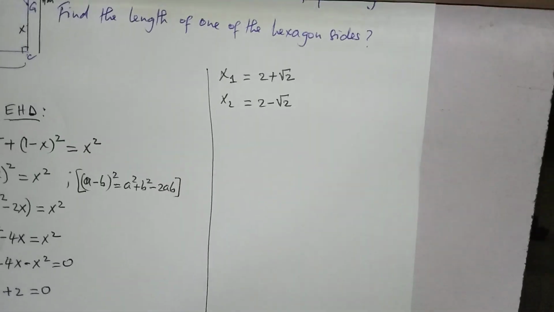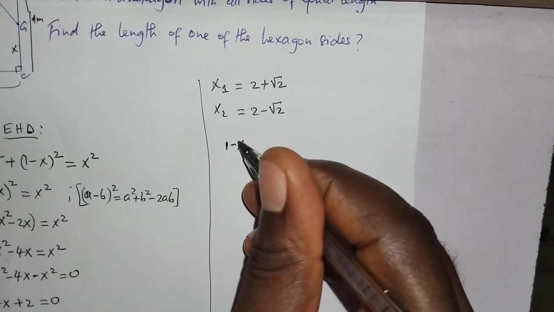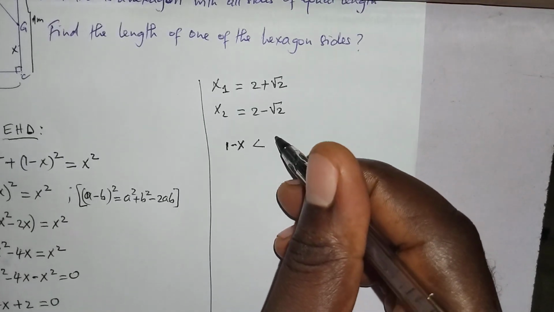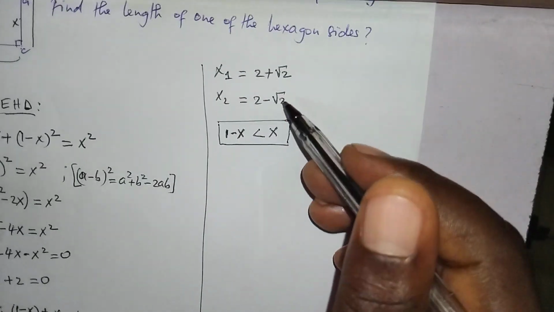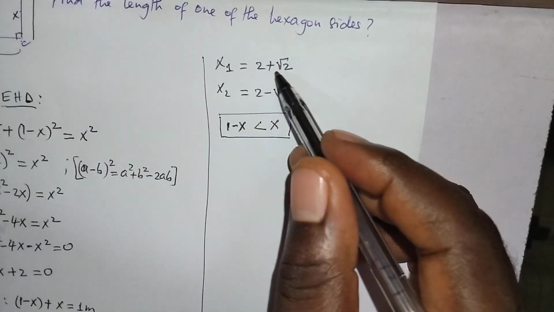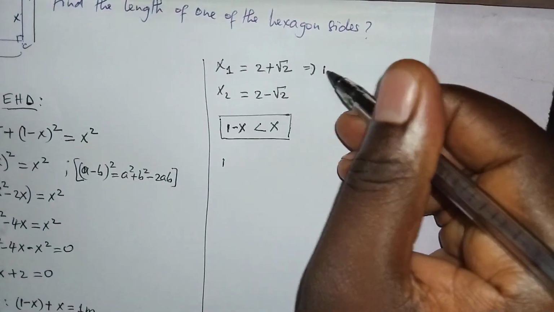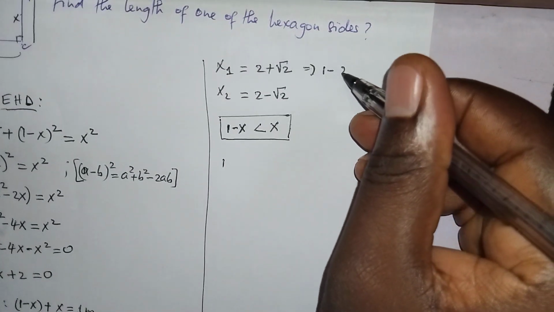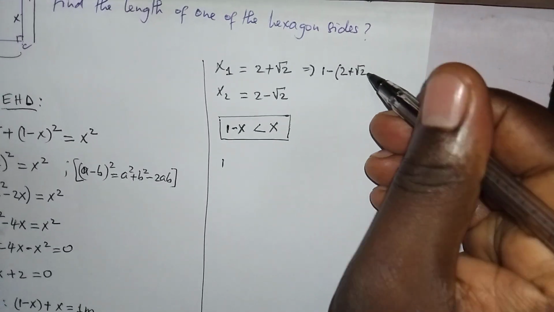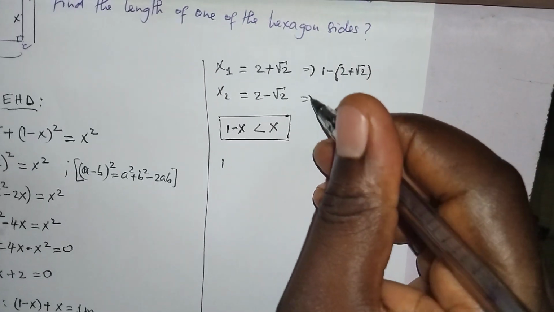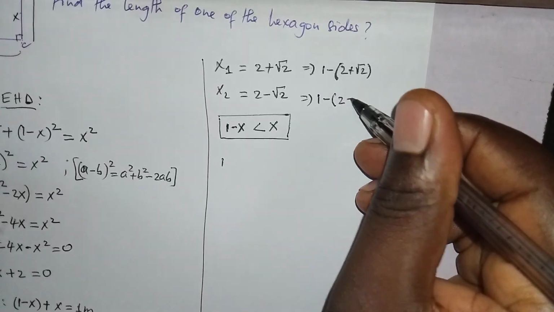From the condition where 1 minus x is less than x, if we take 1 minus x, here 1 minus 2 plus square root of 2, and here 1 minus 2 minus square root of 2.